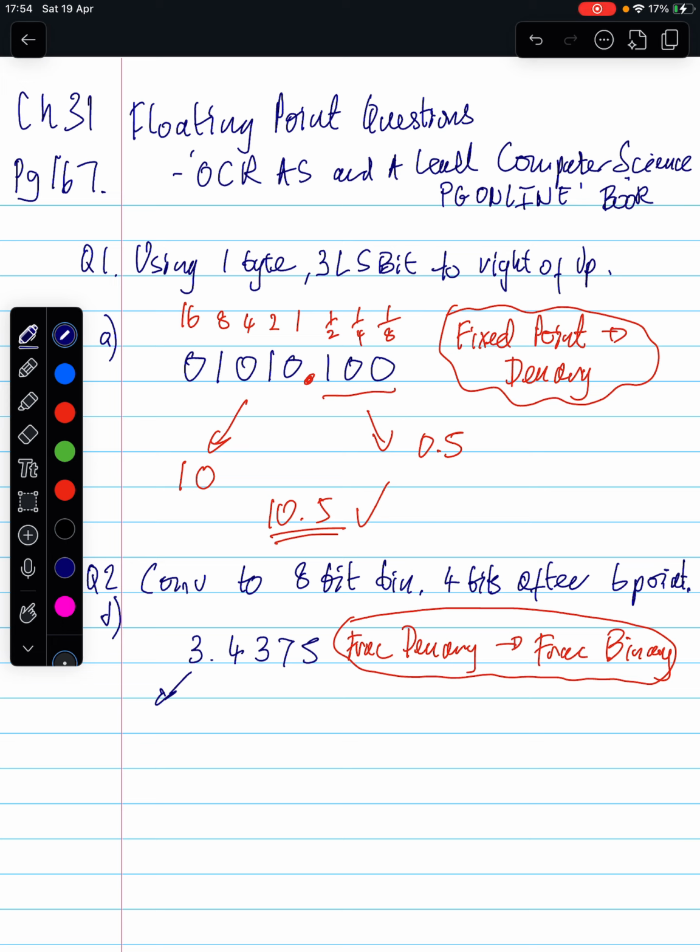So we know what 3 is going to be in binary, I'll put that in full. Our column headings are 1, 2, 4, and 3 in binary is going to be 1, 1. So that is our integer part. We deal with that separately.